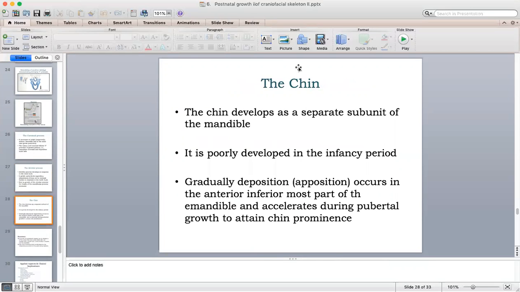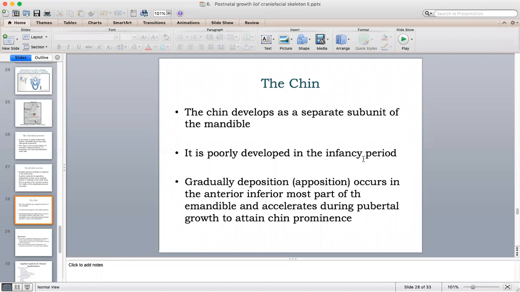Then the chin, this is the last part of the mandible. Now the chin develops as a separate subunit of the mandible. It is poorly developed in infancy, but the proper characteristic chin development occurs after adolescence. Again it has areas of deposition and resorption. The apposition occurs in the anterior as well as inferior part of the mandible.